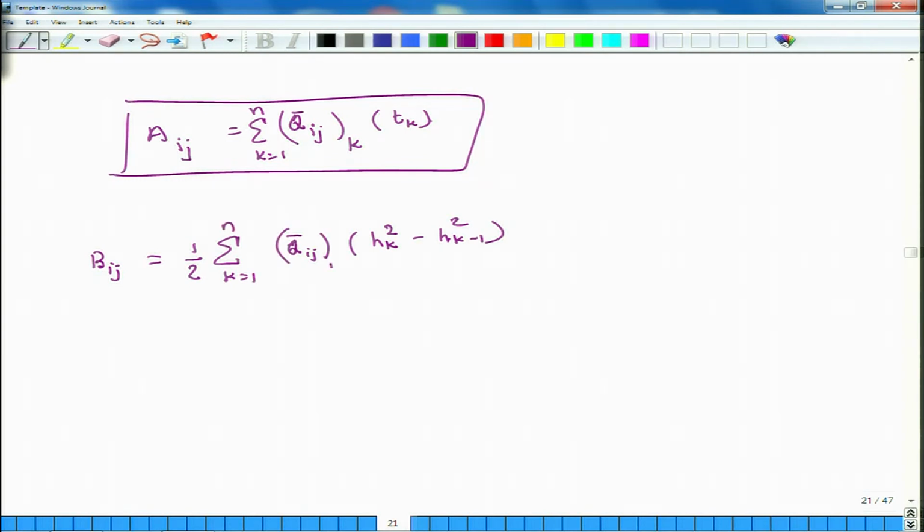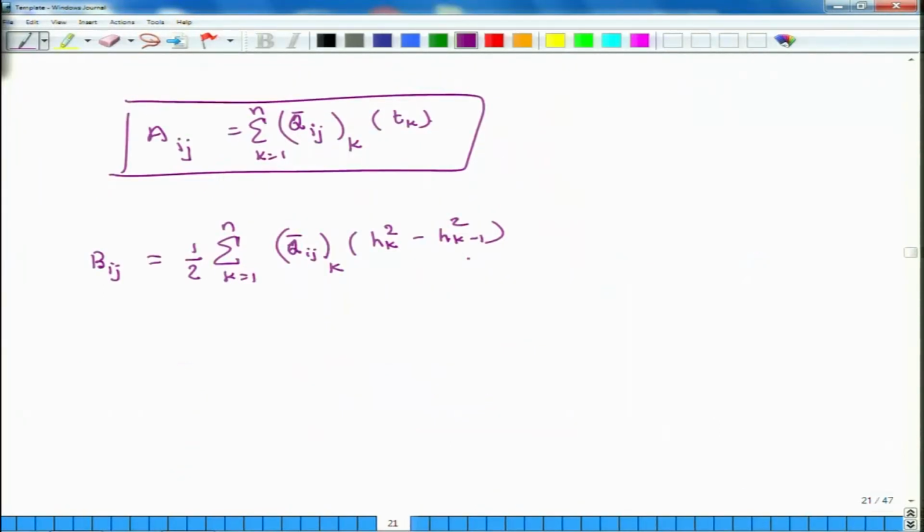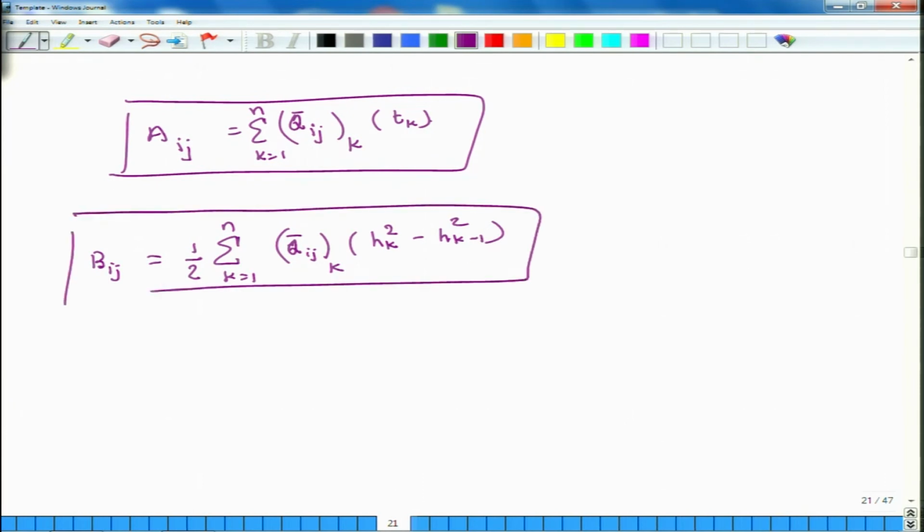This square divided by 2 comes because I am integrating z times dz. So, I get z square by 2, and when I take its limit I get Hk square minus Hk minus 1 square. Okay. So, that is what I get. So, this is my definition for the B matrix. Okay.